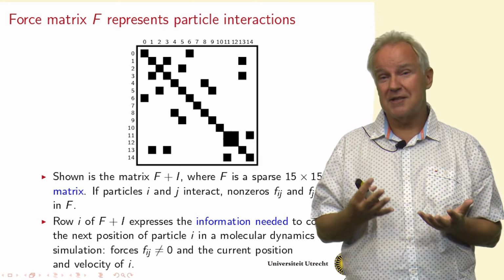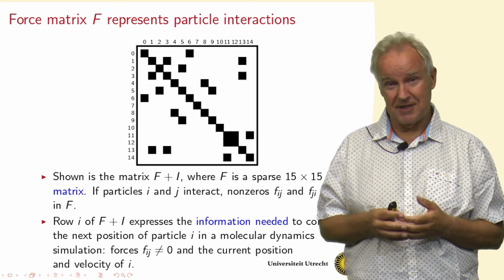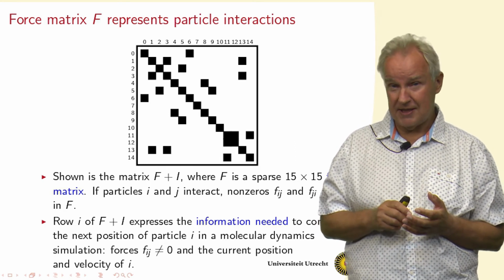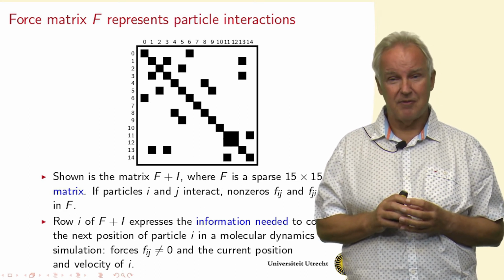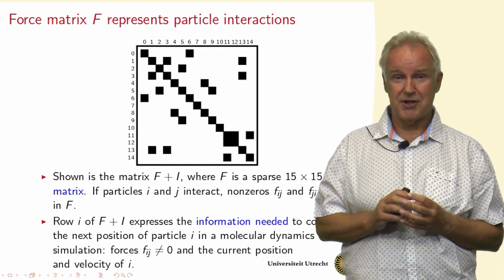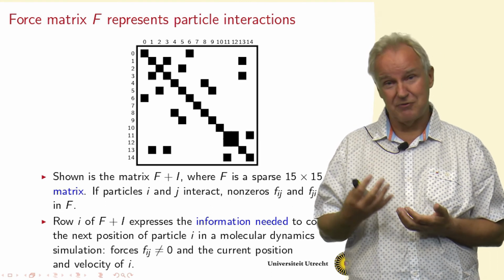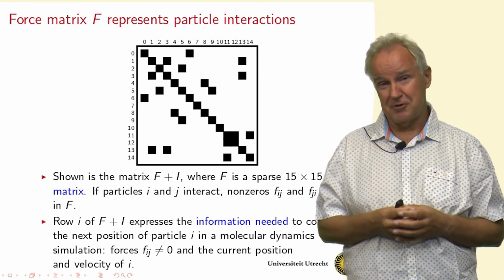We can translate this system to a sparse matrix, where every particle i corresponds to row i and column i of the matrix. If particles i and j interact, then we get a force F_ij, which is non-zero, and actually F_ji, which is minus F_ij, is also non-zero.